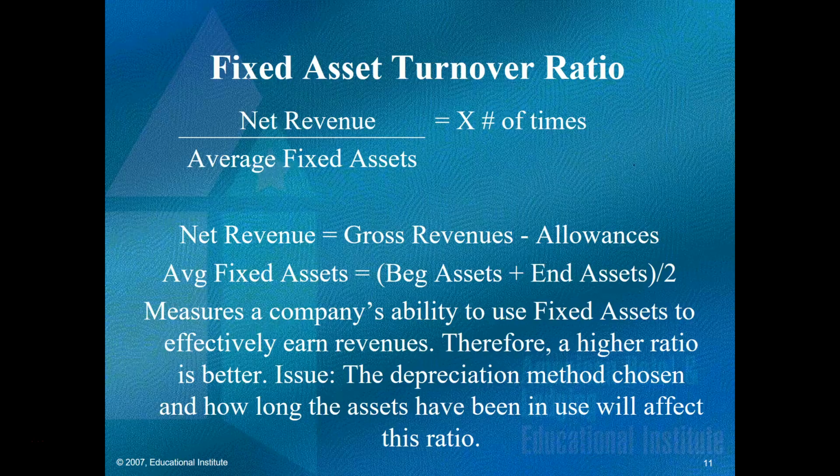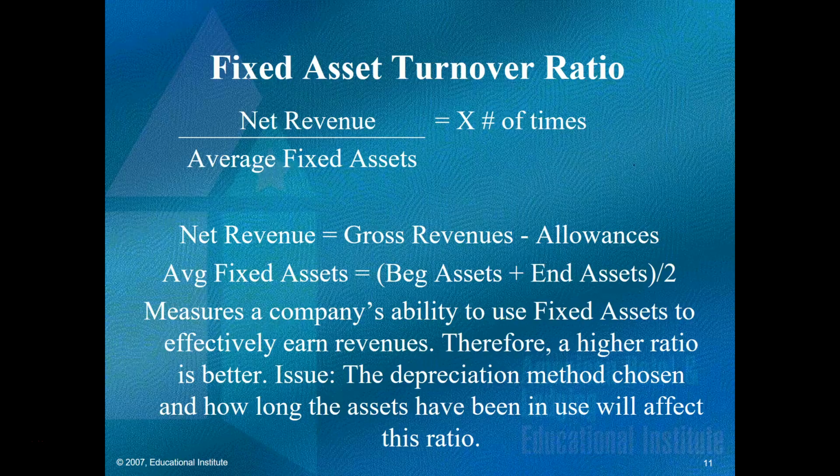So when we're talking about this turnover ratio for fixed assets, we start with net revenues, and remember, net revenues means gross sales minus the allowances. We learned that last semester, and then again, we've got this average fixed assets issue of beginning plus ending divided by 2 to get your denominator.